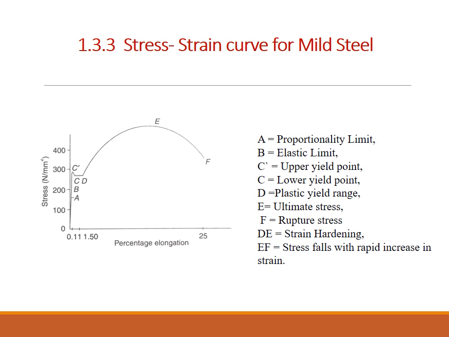After reaching the ultimate tensile stress, a localized reduction of the cross section of the specimen called necking takes place. Means when the load reaches the ultimate point, that is the ultimate load, the cross sectional area of the member starts to reduce, and that is called neck formation, the starting of neck formation.